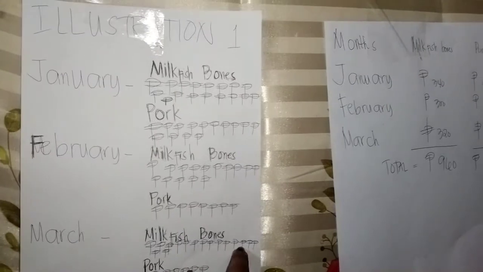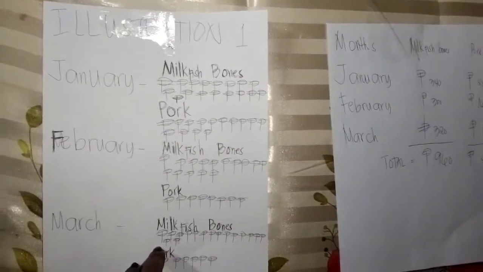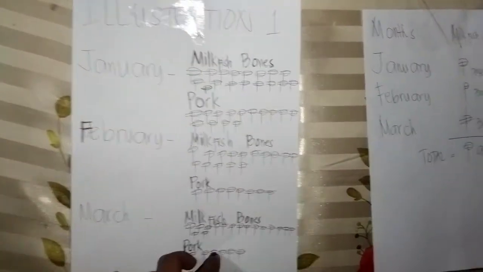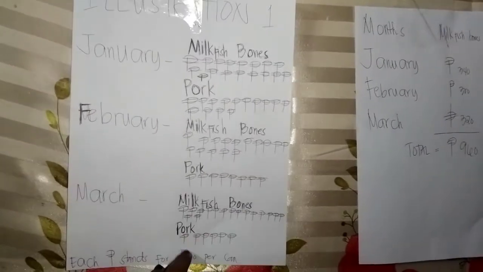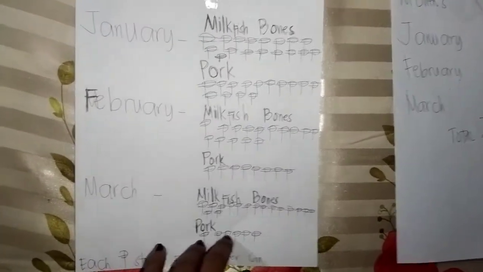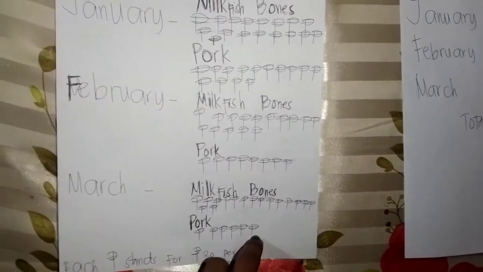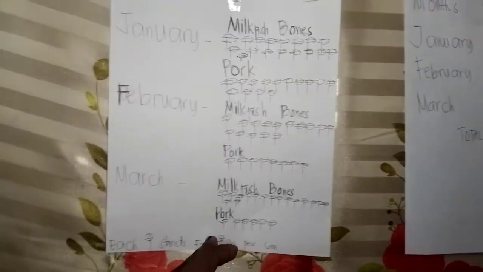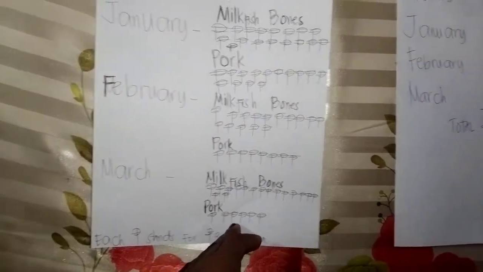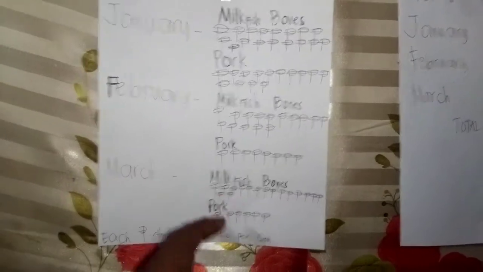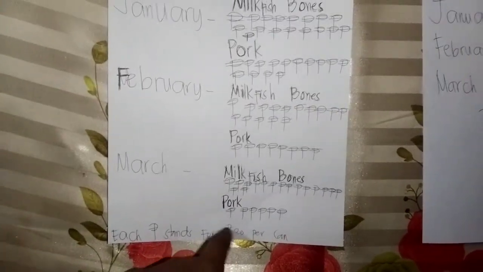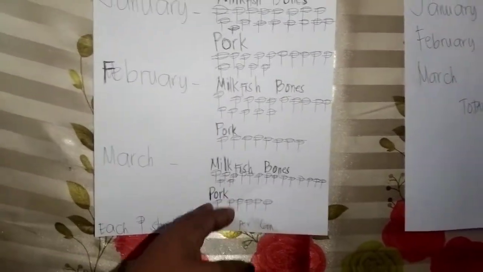For the month of March, we have milkfish bones of 16. We have 16 milkfish bones. And the pork is 6. We have 6 pork. So each peso sign here stands for 20 pesos per can.